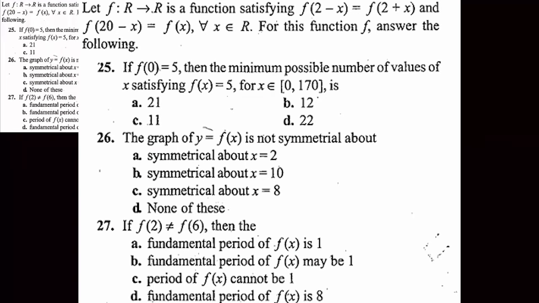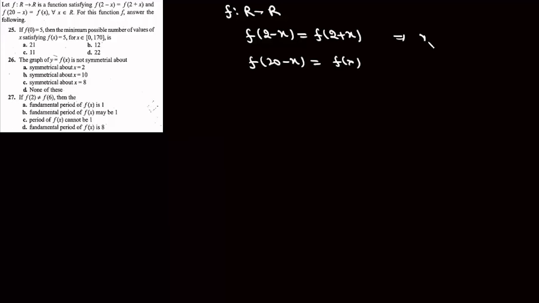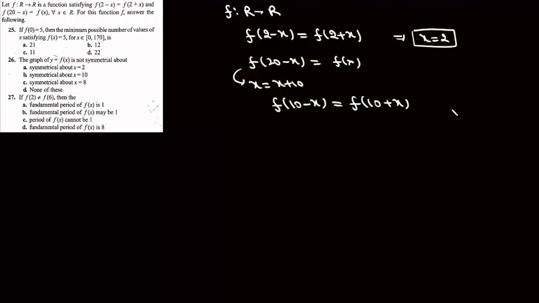Now the question: let f be a function defined from R to R satisfying f(2 minus x) equals f(2 plus x) and f(20 minus x) is equal to f(x). Now basically this is symmetric about x equal to 2, and here also if we replace x with x plus 10, we can write f(10 minus x) equals f(10 plus x).